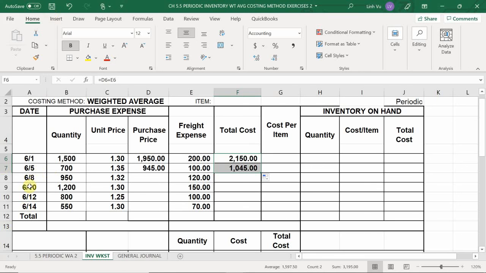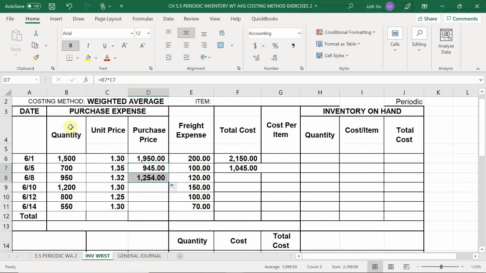All right. Then on June 8th, I have 800 units at $1.32. So in this case, what's my total purchase price here? 1,056.